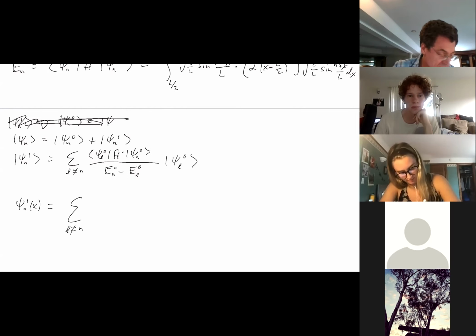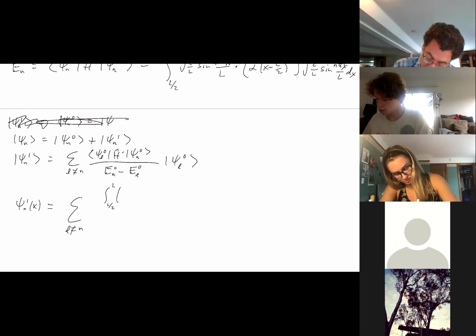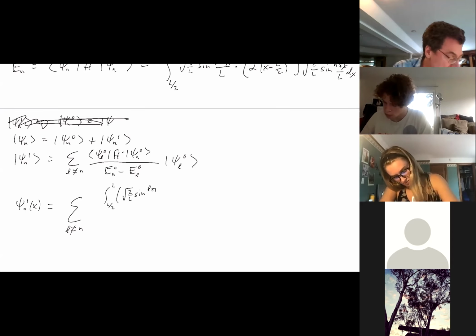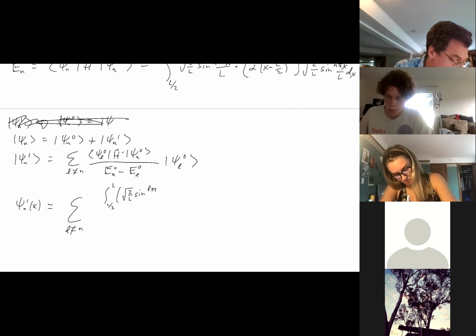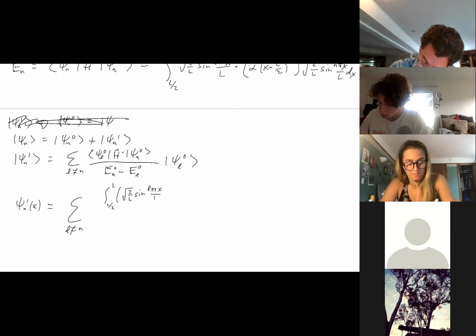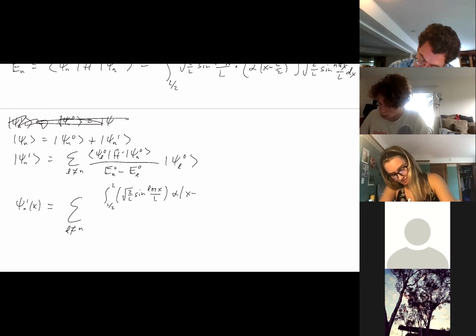It's going to be the integral from L over 2 to L of this top part, which is square root of 2 over L sine L pi x over L, times alpha times x minus L over 2 cubed.